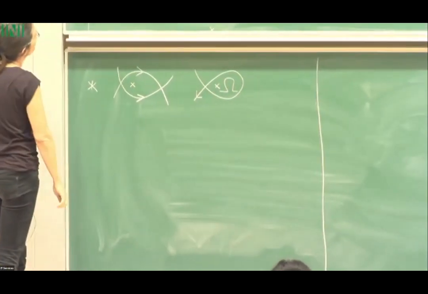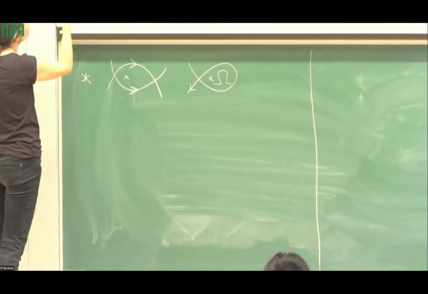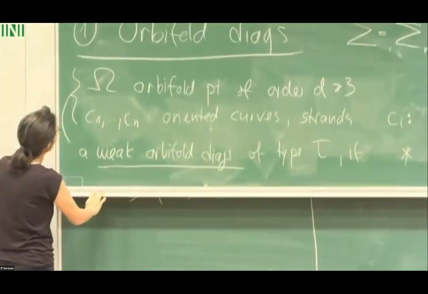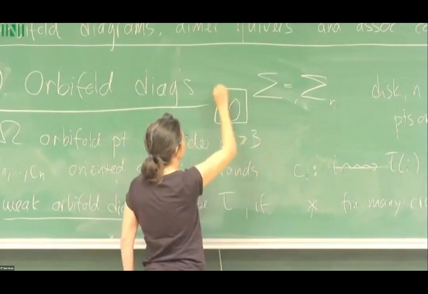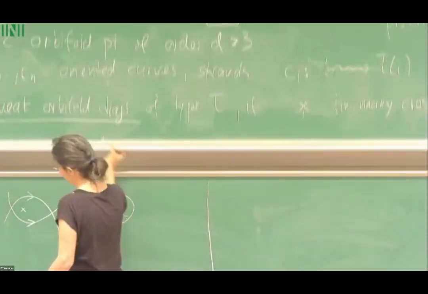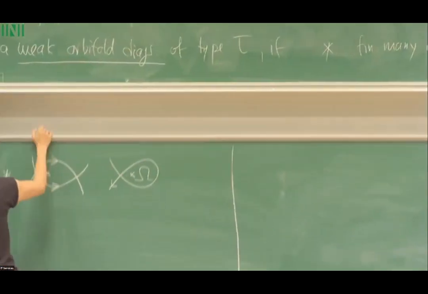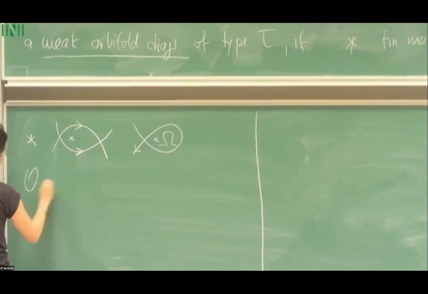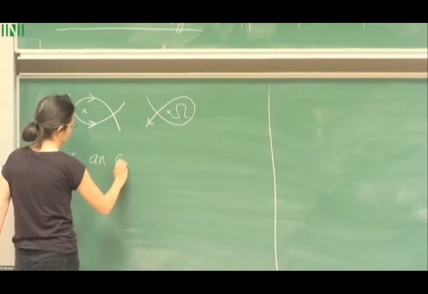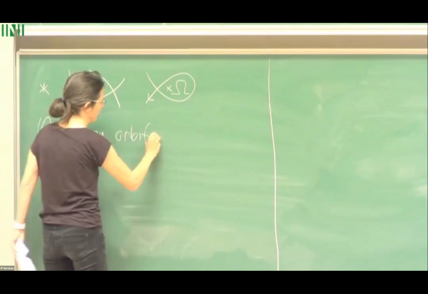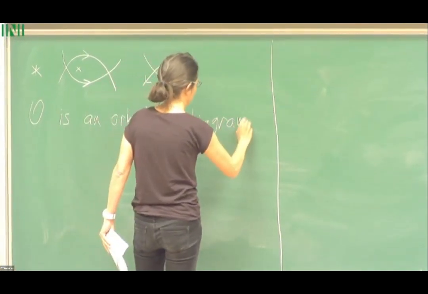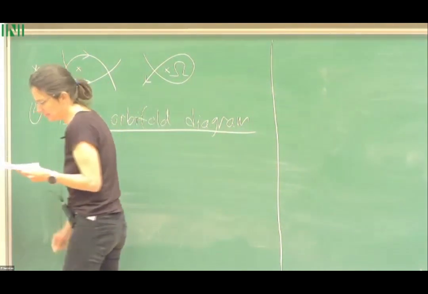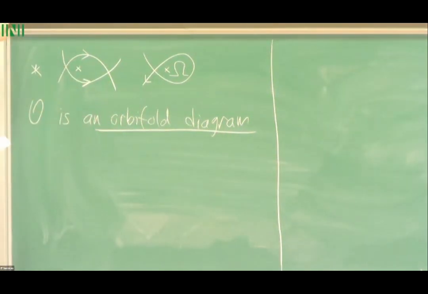And this collection should be called O, which I forgot. I use calligraphic O. And then O is an orbifold diagram if furthermore the D is, well, like right now you see the D didn't play a role.